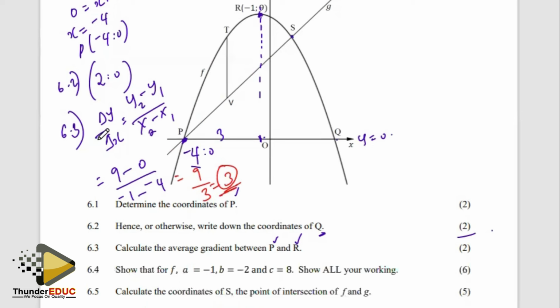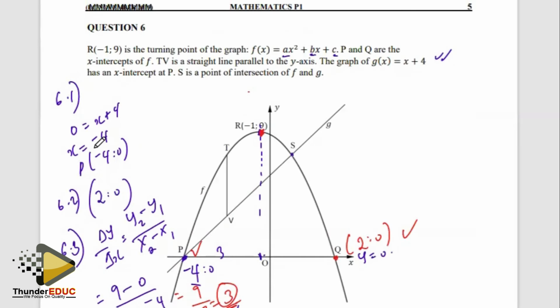Then 6.4, can we show that a is -1, b is -2, and then c is 8? Show all the workings. This question comes with lots of options to use. We can choose maybe the intercept, or we can also use the turning point method.